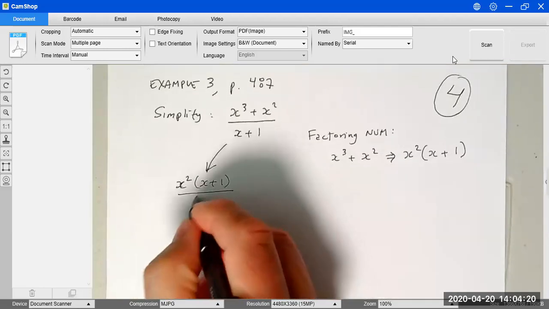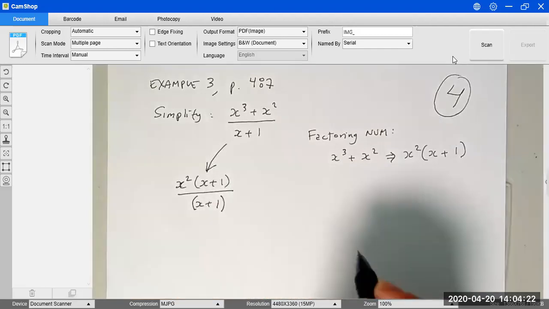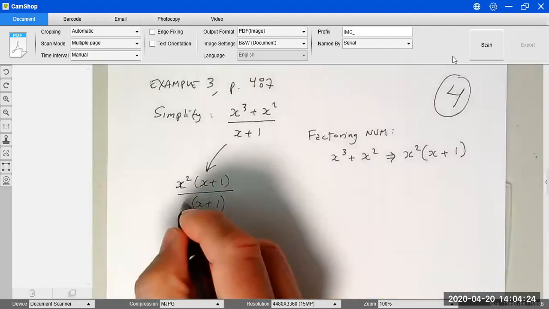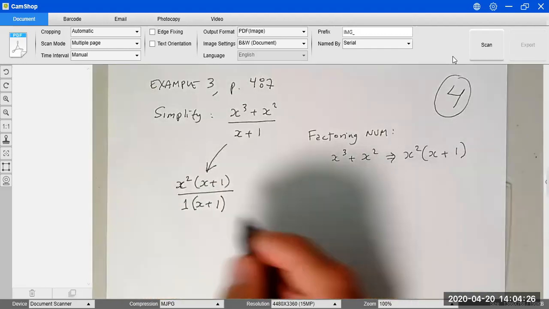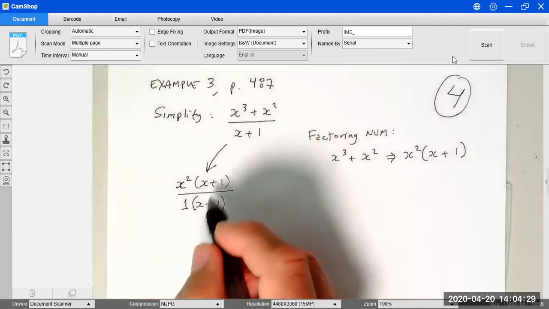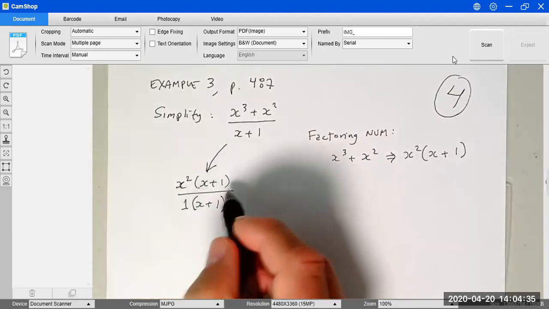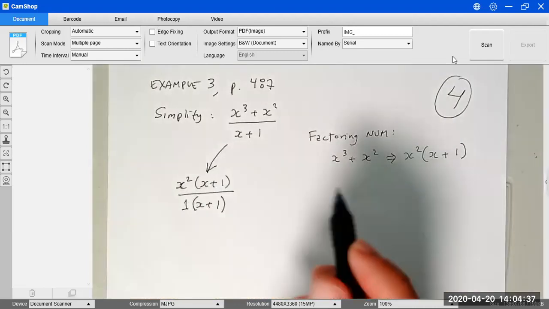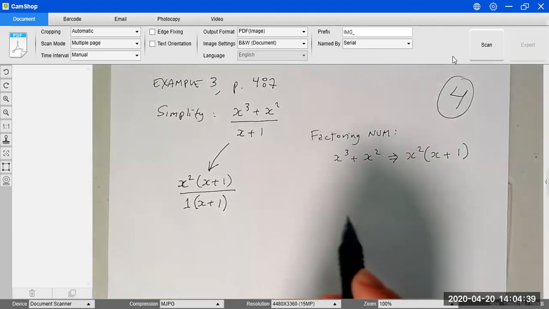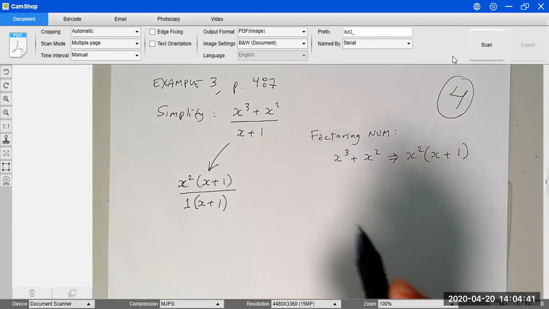I'm going to enclose this in a parenthesis, and I'm going to write 1 here. In this case it's not important, but when you have the numerator in this situation, it's important to write 1, because sometimes students just cancel and remove the denominator out of the blue, and that's not the right way to do it.